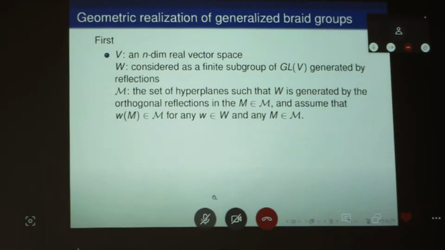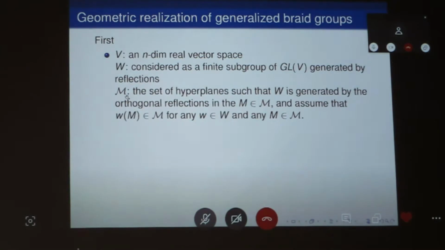Here is a geometric realization of the generalized braid groups. First, we consider the real vector space. Here, W means a finite subgroup of the general linear group, generated by reflections.